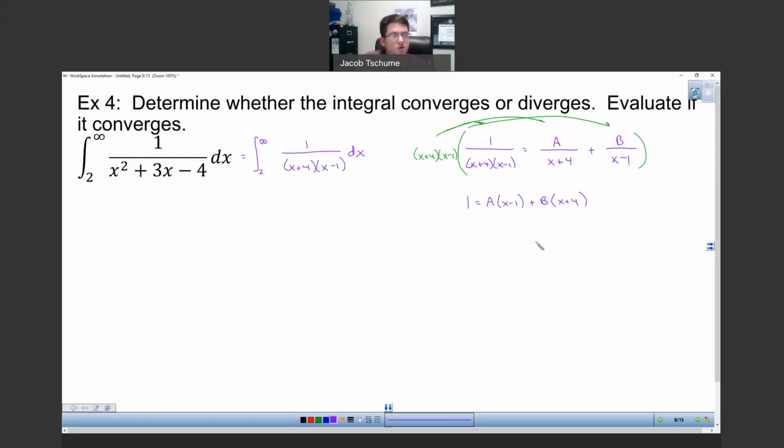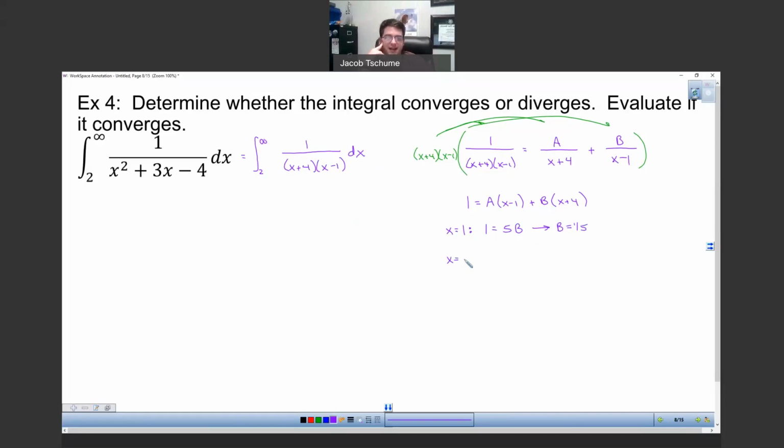And since it's a case 1 partial fraction, we can actually use that little technique called the plug and chug method I showed you. So if I were to let x equal 1, I could say that 1 is equal to 5B, which means that B is going to be 1/5.